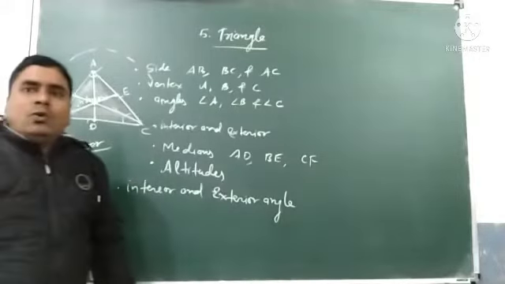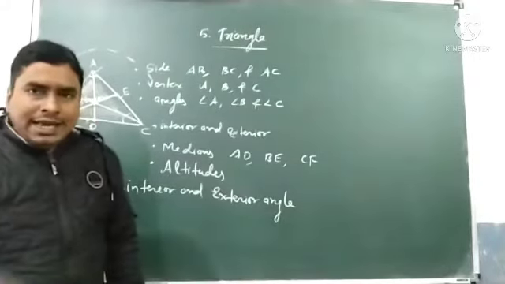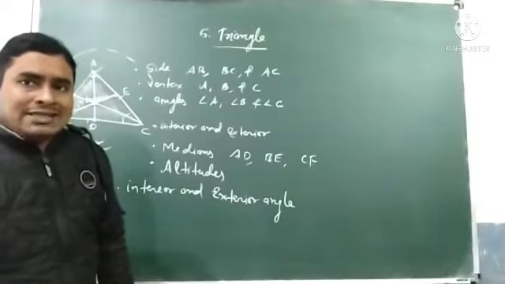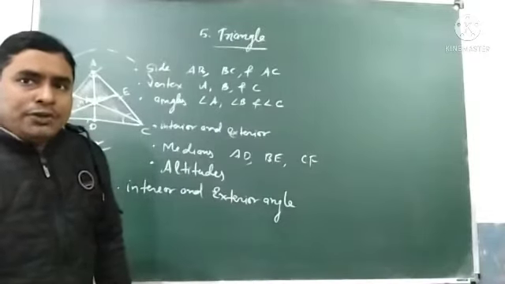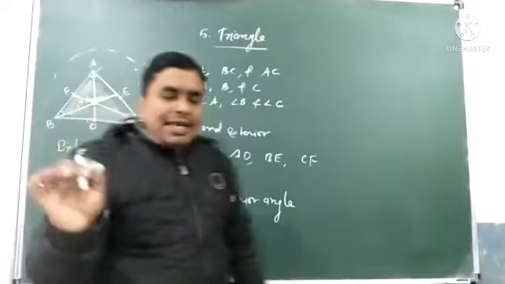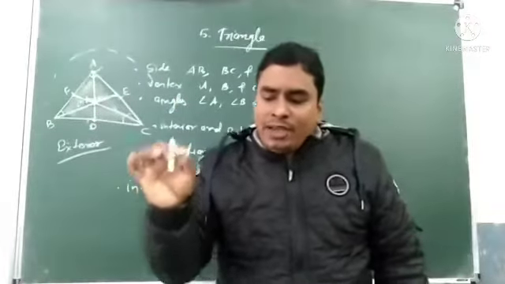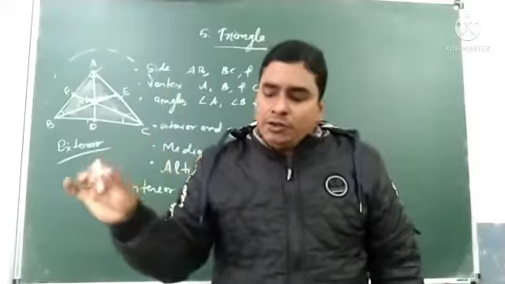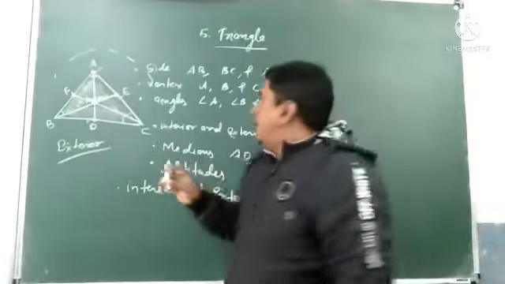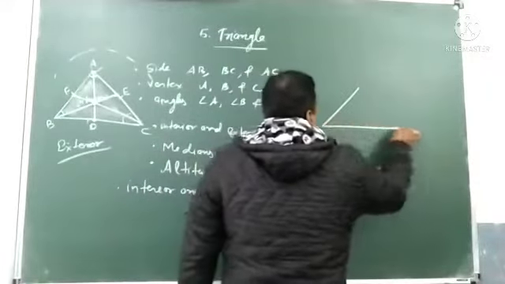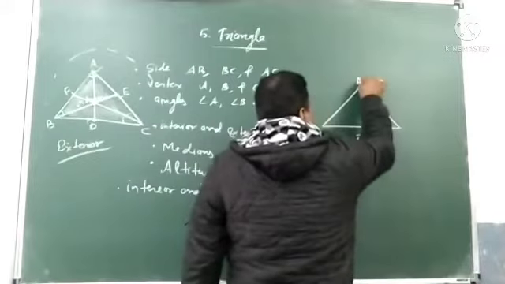Now, altitude. What are the altitudes? A line joining a vertex perpendicular to the opposite side. Suppose here I draw a triangle ABC.